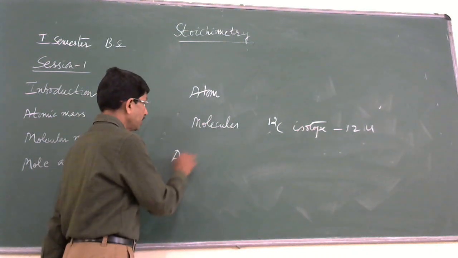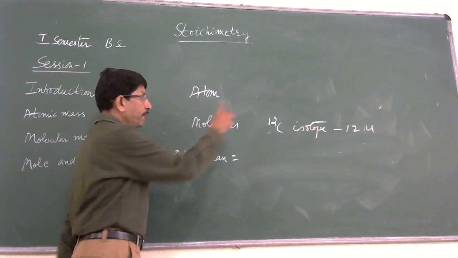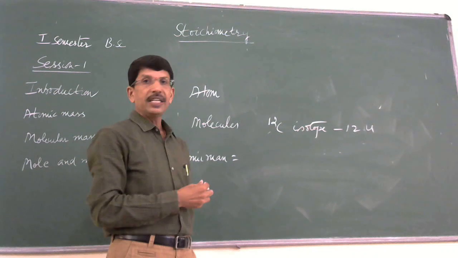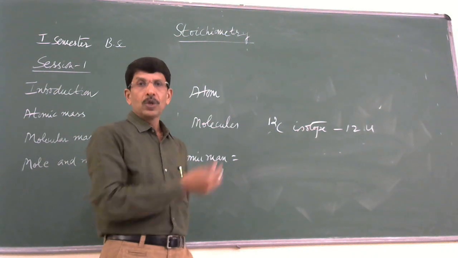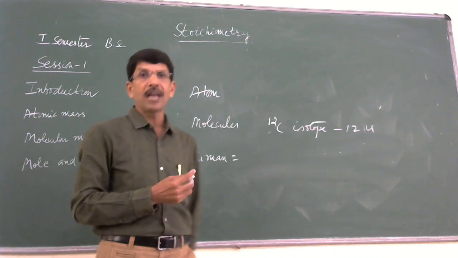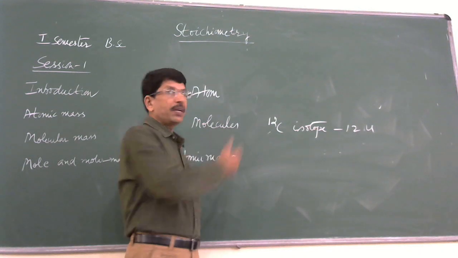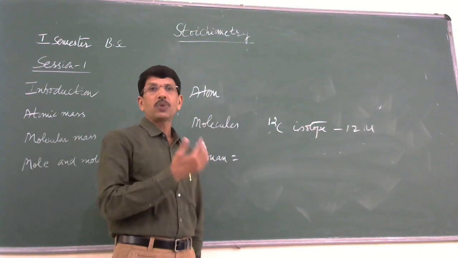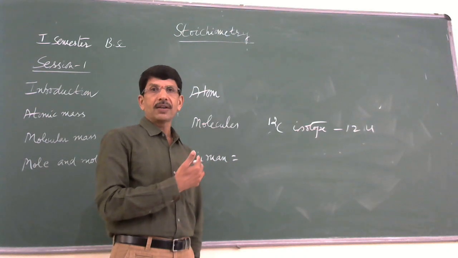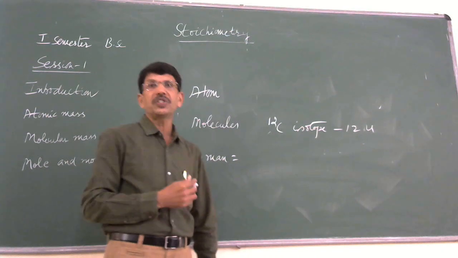So according to the definition of atomic mass, when atomic masses have been calculated considering C12 isotope as a reference, we call the atomic mass of the other atom the relative atomic mass, because the atomic mass of C12 is assumed to be 12 u. Whatever other masses are calculated are only in relation to the mass of C12 isotope.